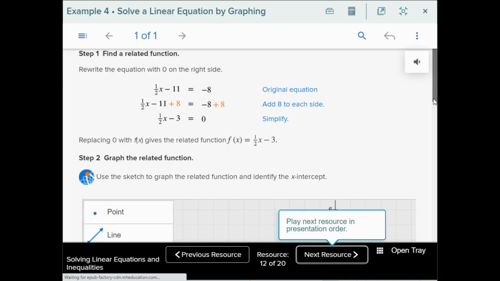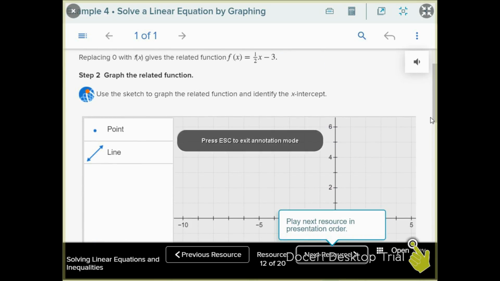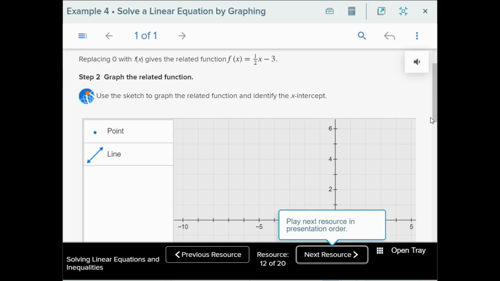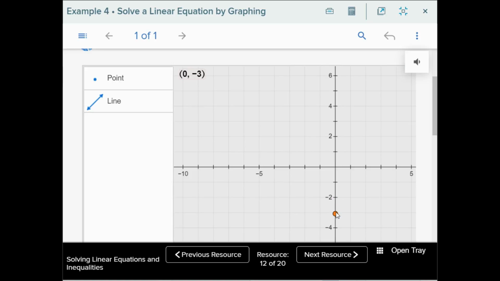Now that we have that, we can graph it. Looking at this tells me that my y-intercept is -3. So I'm going to put a dot at -3 once I scroll further down. And the 1/2 tells me my rise is 1 and my run is 2. That is my slope. So I'm going to put a point down at -3.